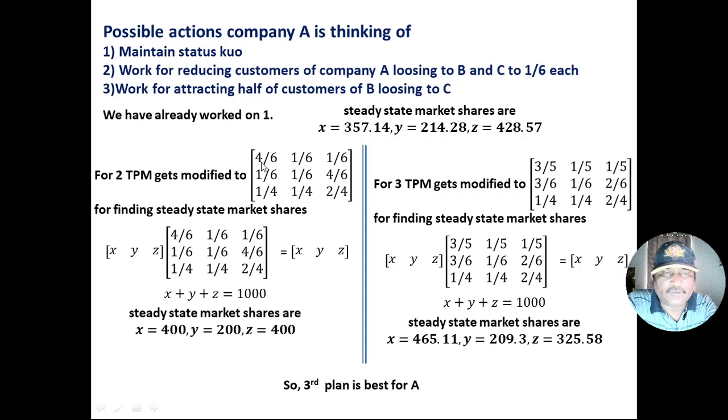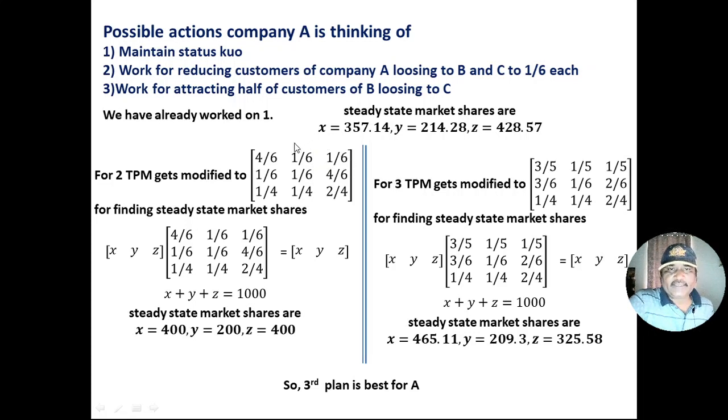So this work for reducing the customers of company A losing to B and C to 1 by 6 each from 1 by 5, I have just explained to you. Customers of A losing to B and C were 1 by 5 each.